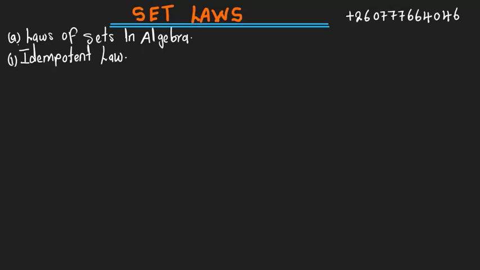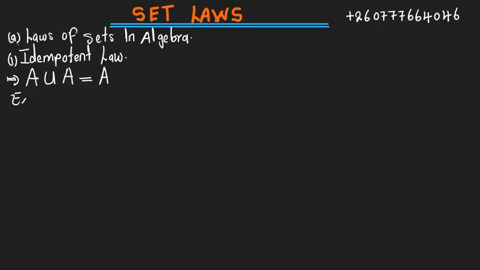What does this law state? This law states that if, for example, you have set A, and this set A is uniting with itself, then your answer is going to be that set. So the union of a set by itself produces that set.